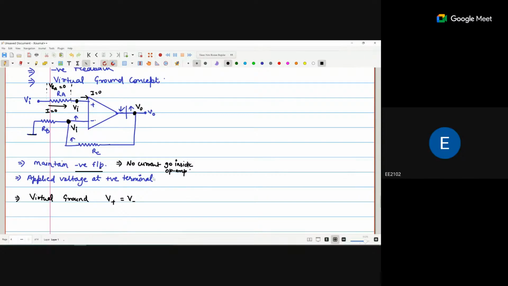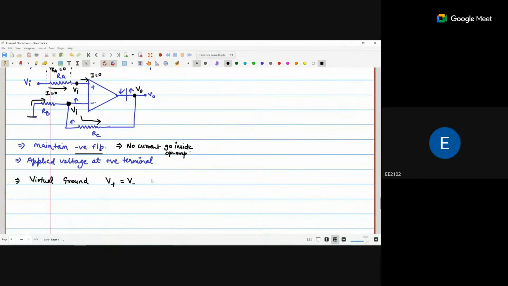Can you apply the KCL? I just assume the current that is coming from here will go in this direction. If I apply the KCL at this node, this is the incoming current I1, this is the outgoing current I2.